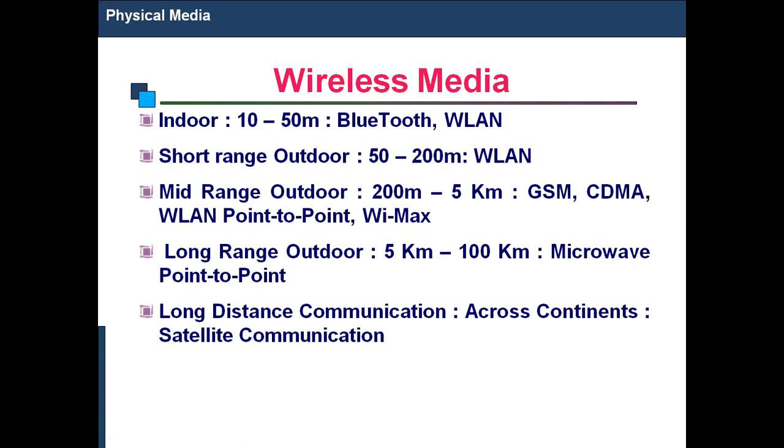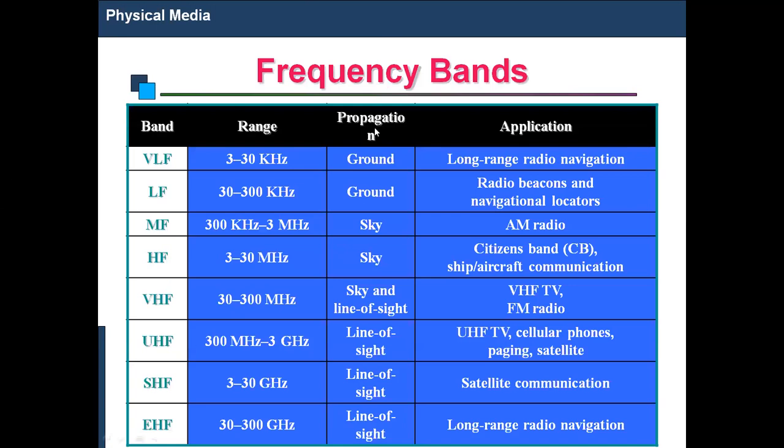The next one is long distance communication. This is done by satellite connections. Now we have to discuss different types of frequency bands for short range, long range, and high range.